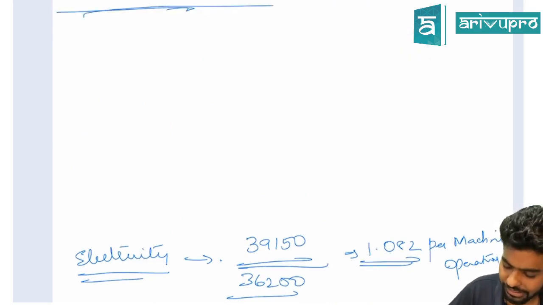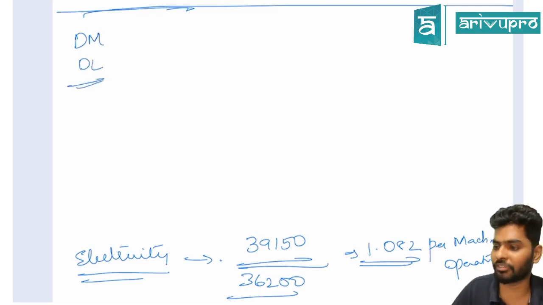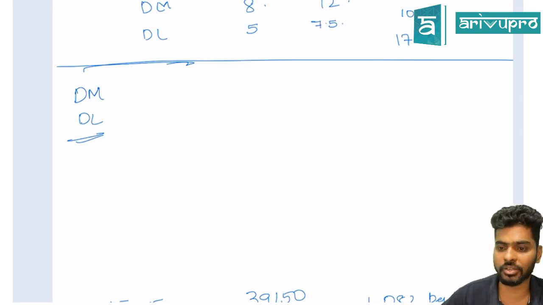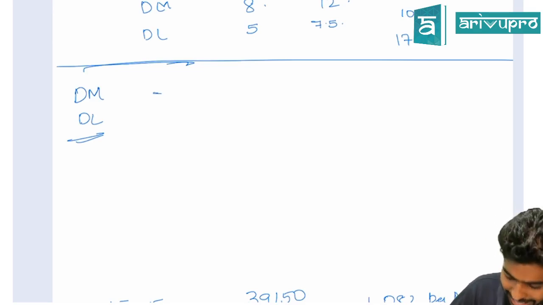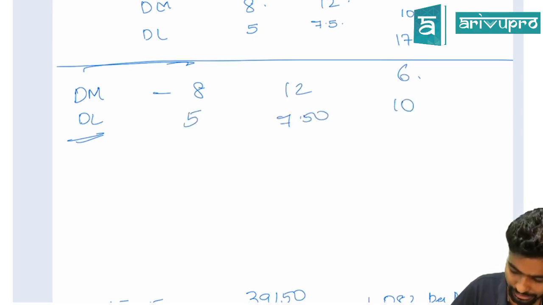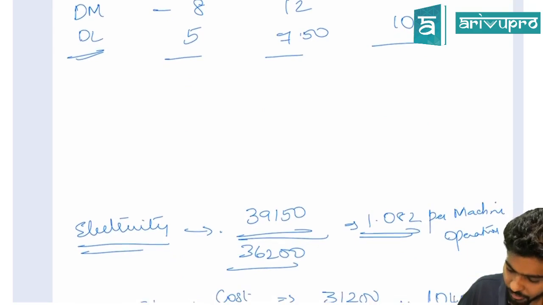Now when I try understanding it in a cost format, my direct material, direct labor, I don't have to break my head. It's gonna be the same as what I did under the traditional costing. That's gonna be 8, 12 and 6, 5, 7.50 and 10. Are you clear? Now let me come to one by one.